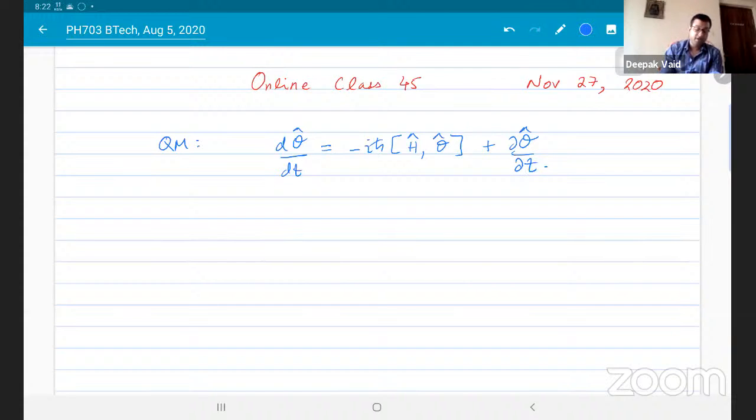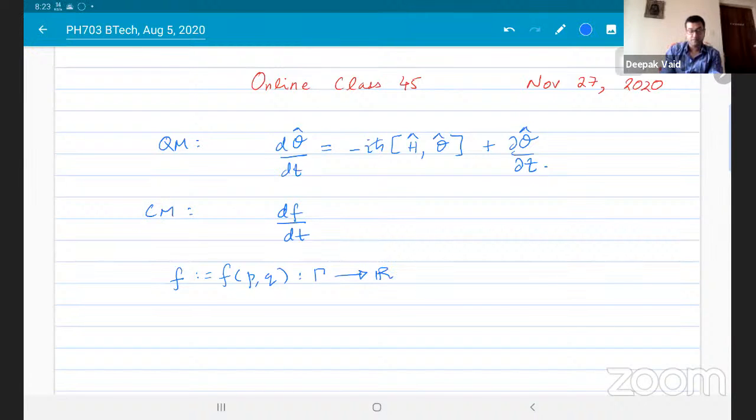And in classical mechanics, we have exactly the same equation of motion for any function on the phase space, right? So in classical mechanics, f is a function on the phase space. What is the symbol for phase space? Call it gamma.